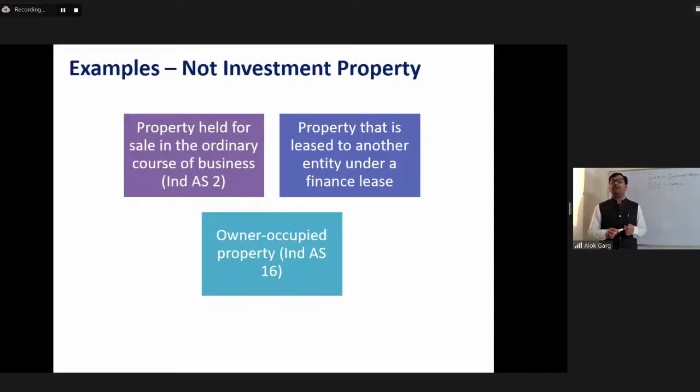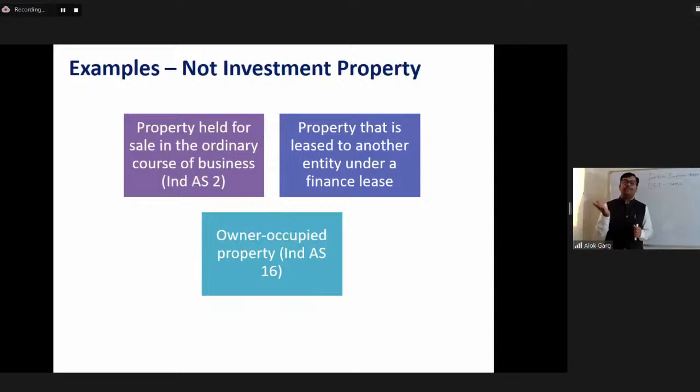Property that is leased to another entity under a finance lease. Do I need to explain this part once again? Under a finance lease, if a company is leasing that particular property, that property is derecognized in the books of the lessor.